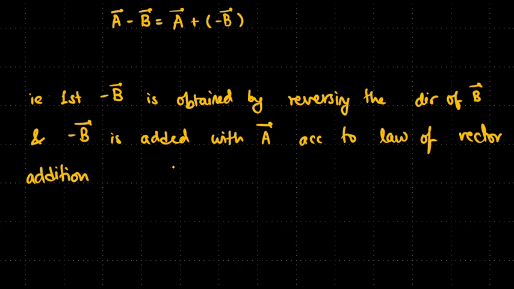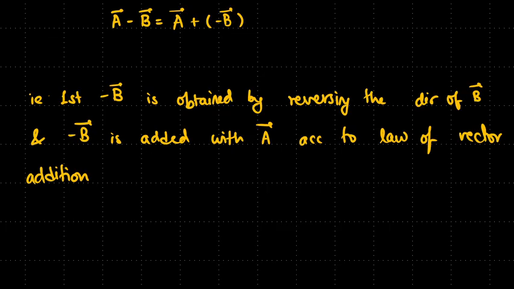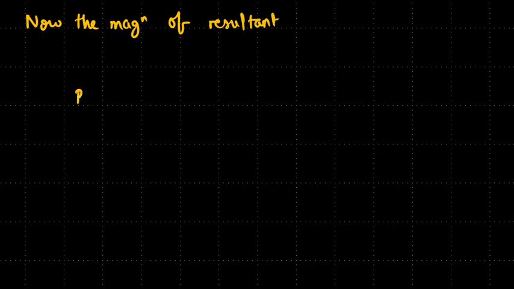So now we need to find the magnitude and the direction of this. In order to do that, we're going to write this on another page. So now the magnitude of the resultant is going to be, let's remember the normal formula, resultant equals the square root of a squared plus b squared.